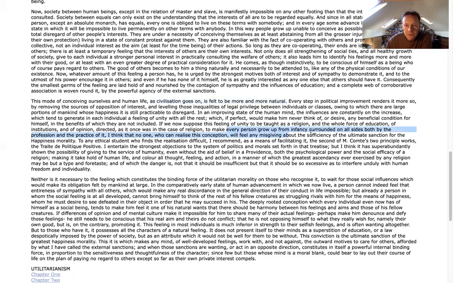So every person grows up from infancy surrounded on all sides by the profession and practice of institutions like the family and schools and so on, that bind people together and give them a sense of mutual self-interest. And this is what constitutes the binding force of utilitarian morality.